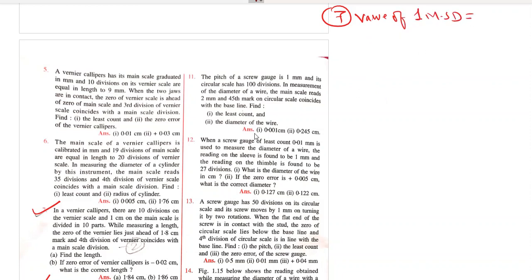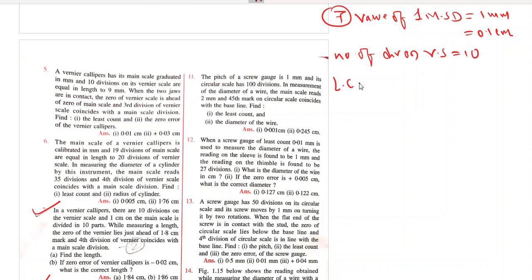Now see, 1 centimeter is divided into 10 parts, right? So the value of one main scale division will be 1 by 10 centimeter, or 1 millimeter. So 1 millimeter or 0.1 centimeter. And they are saying that there are 10 divisions on vernier scale. So number of divisions on vernier scale is equal to 10.